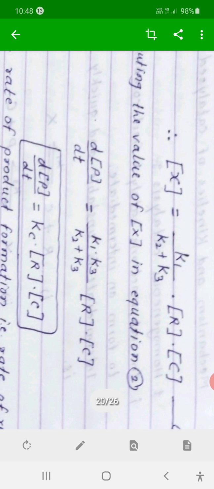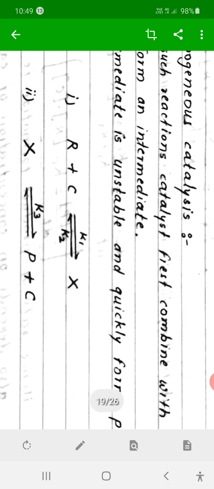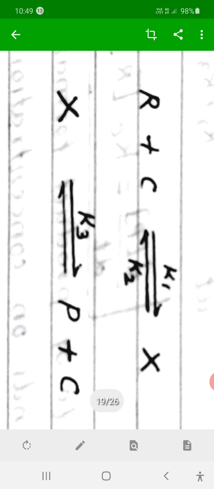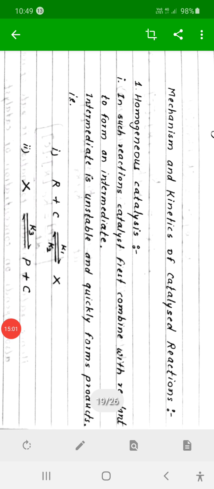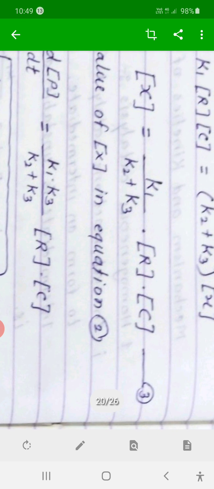We can write the rate of product formation in the second step as dP by dt, that is the rate of product formation of P, is equal to K3 into concentration of X. The value of concentration of X we got in equation 3.